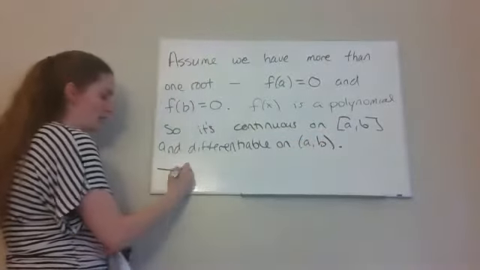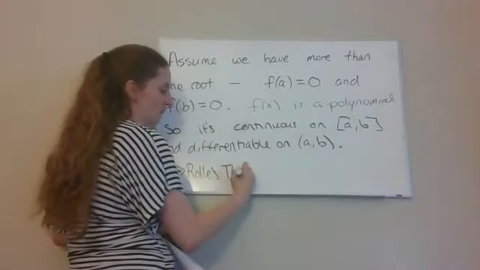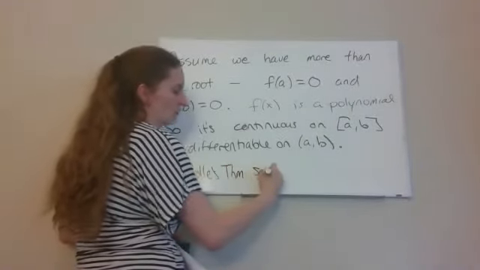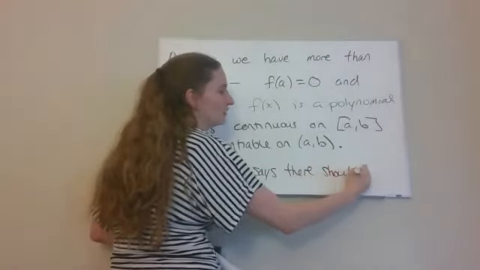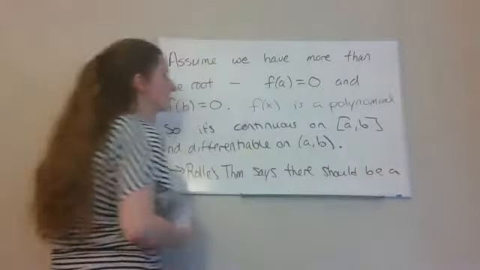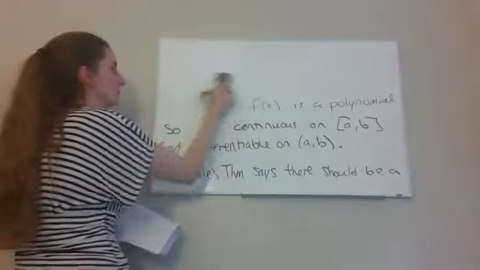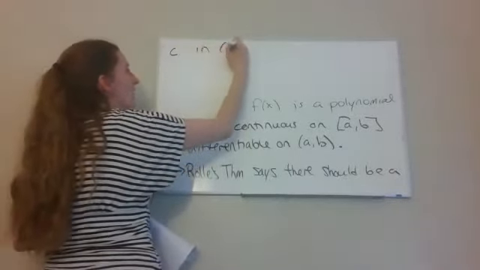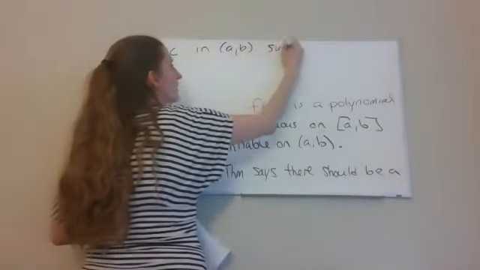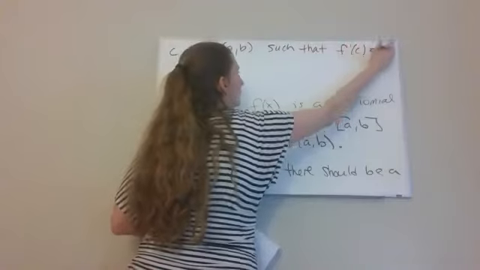Well, this tells me by Rolle's theorem there should be a c in a, b such that f prime of c is equal to 0.